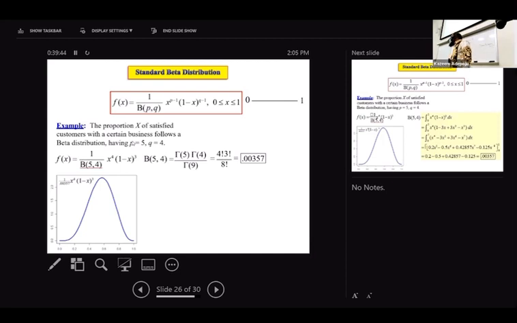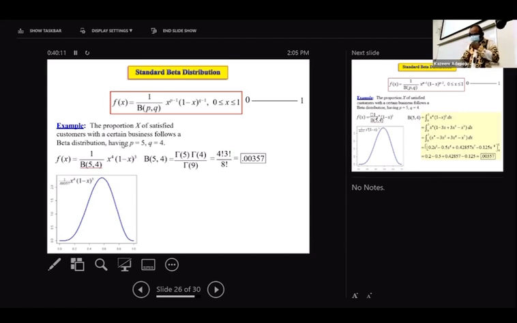You don't expect 100% of your customers to be satisfied. It's just like the service I'm rendering now, the service of teaching. Even if I'm the greatest of the greatest professors, I don't expect 100% of my students to be satisfied. So that is part of life. So we use the beta distribution to model that.